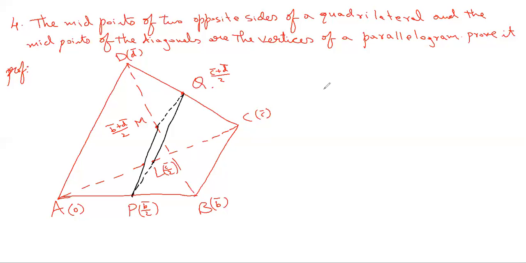Now let us calculate PM bar. PM bar equals AM bar minus AP bar.